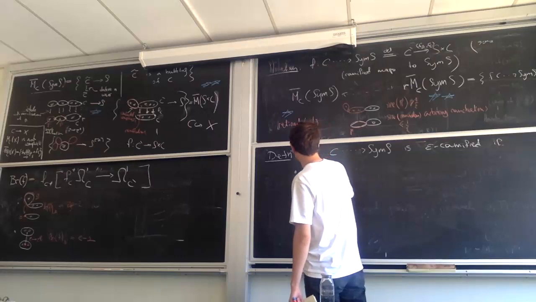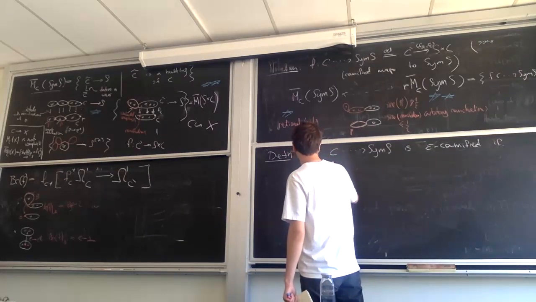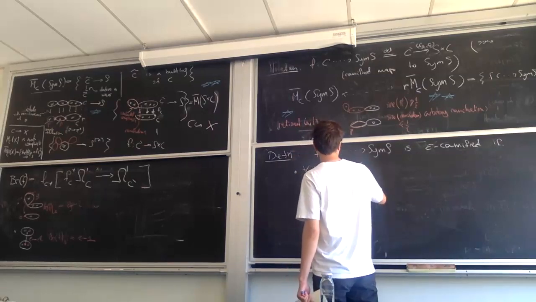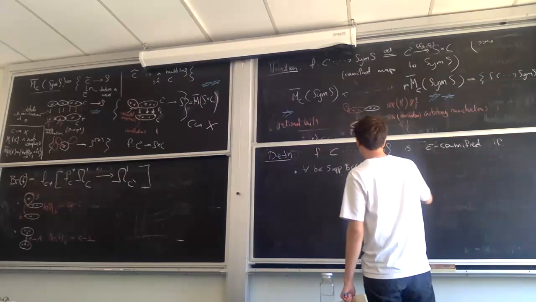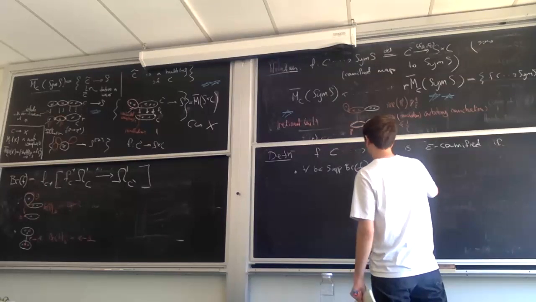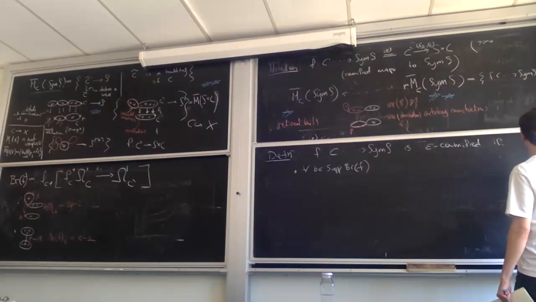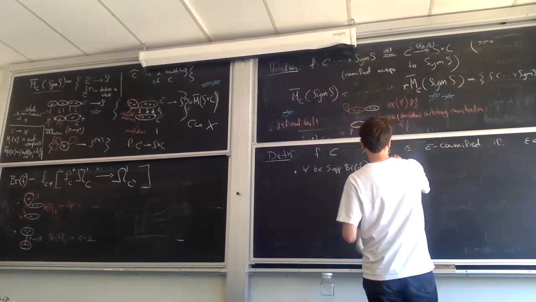So for all B in the support of the branching divisor, or for all ramification or branching points, you have the following condition, where epsilon is just a positive number.